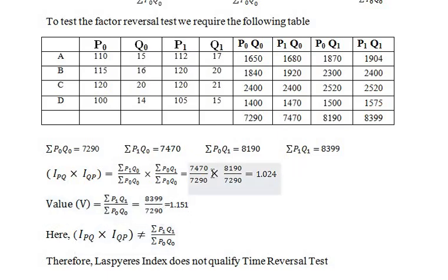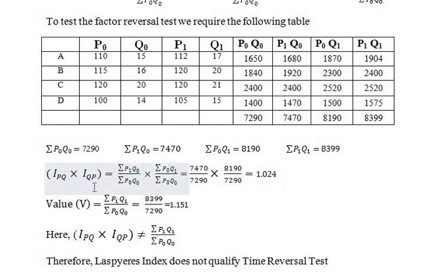As we can see, the requirement of this factor reversal test is that IPQ multiplied by IQP must be equal to V, that is summation P1 Q1 by summation P0 Q0. Here from our data we can see it is not equal to this one.